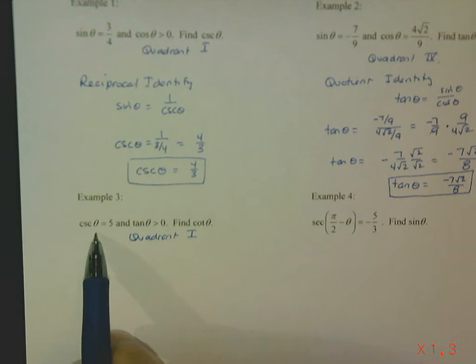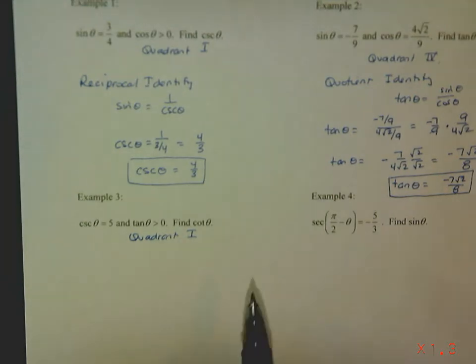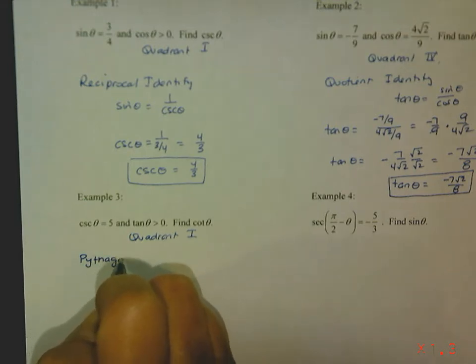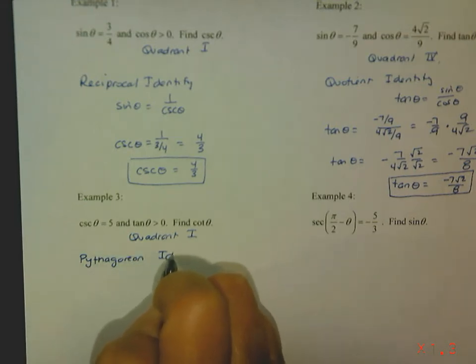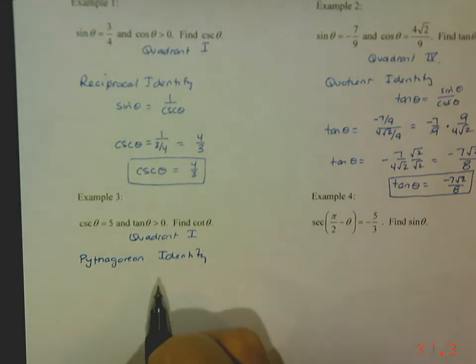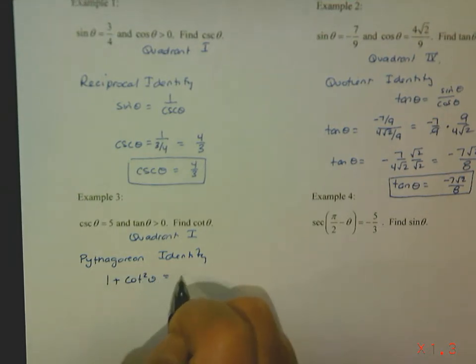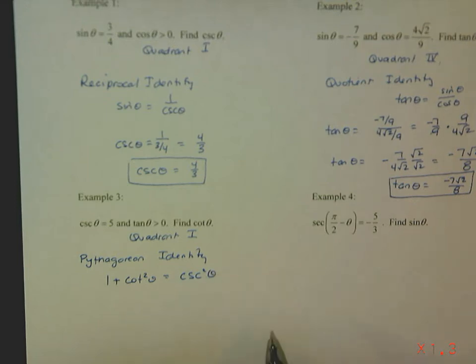Since I have cosecant and I want to find cotangent, there is a Pythagorean identity that says 1 plus cotangent squared theta is equal to cosecant squared theta.